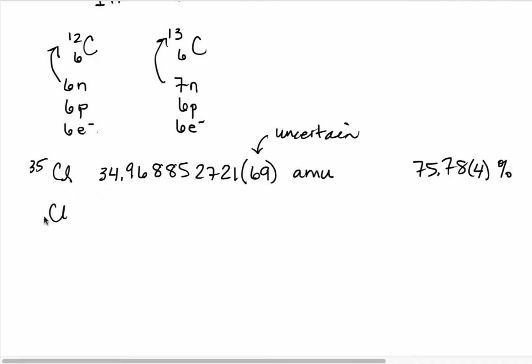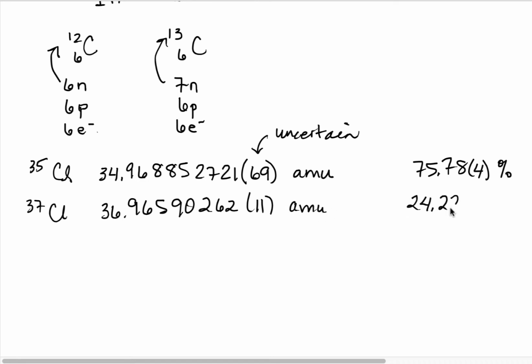So let's look at that chlorine-37 atom now. Its mass is 36.9659026211 atomic mass units, and its abundance was 24.224%.